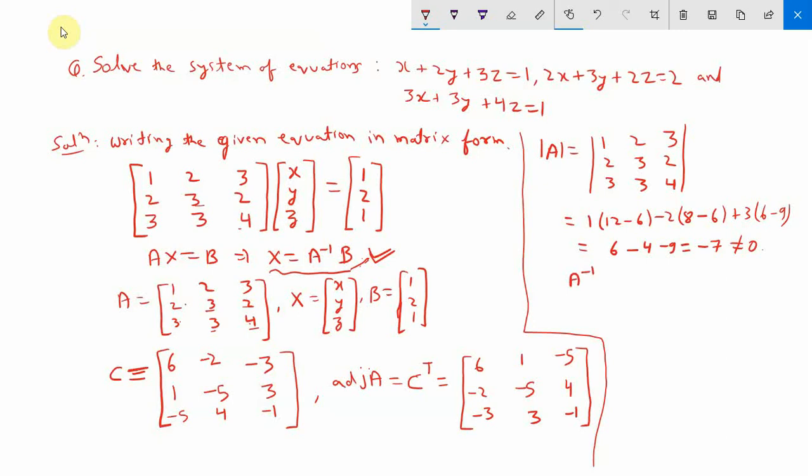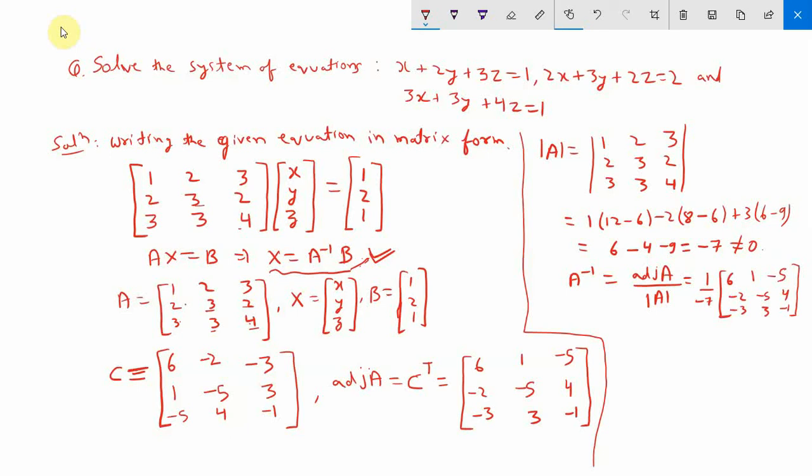So A inverse is given by the adjoint of A divided by the determinant of A. So this is equal to 1 by minus 7 times the adjoint of A, which is [6, 1, minus 5; minus 2, minus 5, 4; minus 3, 3, minus 1].